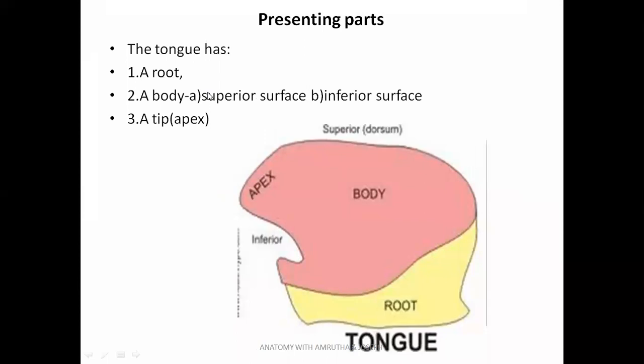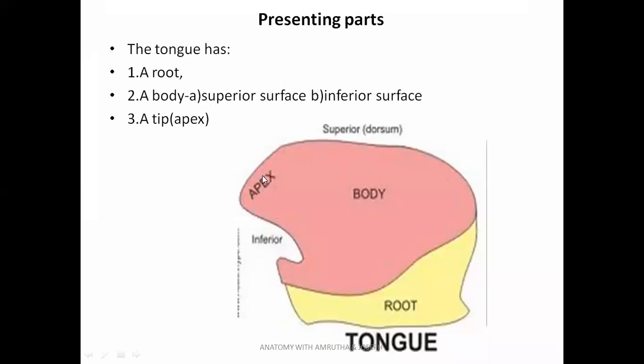These are the presenting parts of the tongue, which has a root and a body part. The body part has a superior surface, also called the dorsum of the tongue, and an inferior surface, which is seen on the lower aspect, also called the ventral surface.